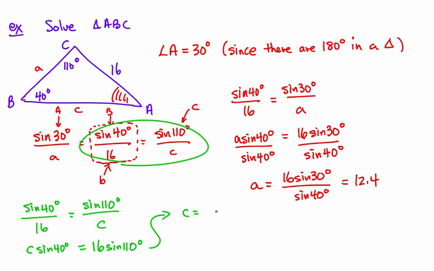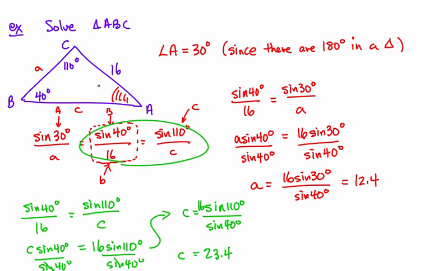And that means that c is 16 sine 110. Both sides get divided by sine 40 degrees. And so I'm going to need to divide this by sine 40, and I get a c value, and please double check that you get the same thing, of 23.4.